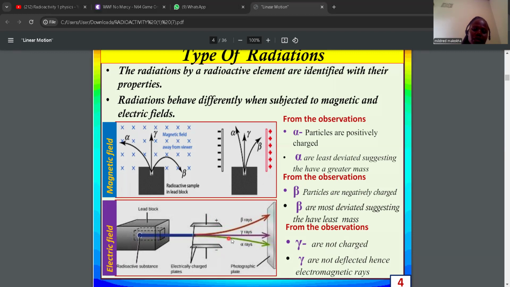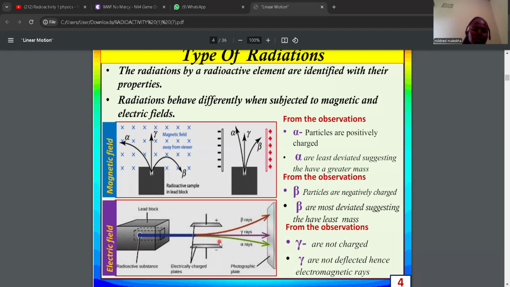The gamma rays will move through, not being deflected. Why? Because they don't carry any charge. The alpha particles, because they are positively charged, will be deflected towards the negative plate. The beta particles, because they are negatively charged, will be deflected towards the positive plate.